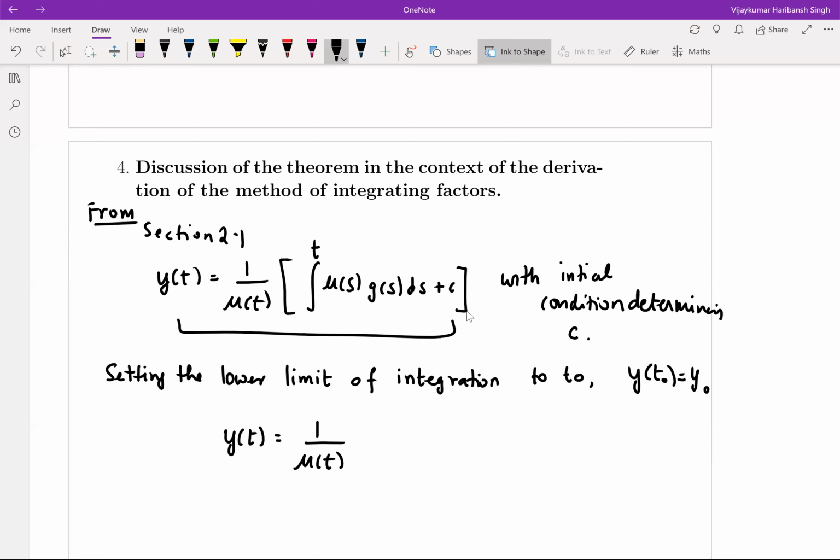So question: does an IVP, which is the initial value problem, have a solution, say y equals phi of t?